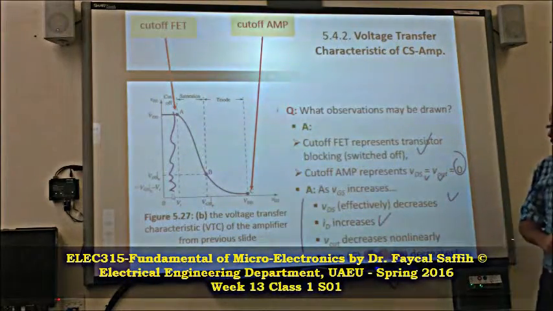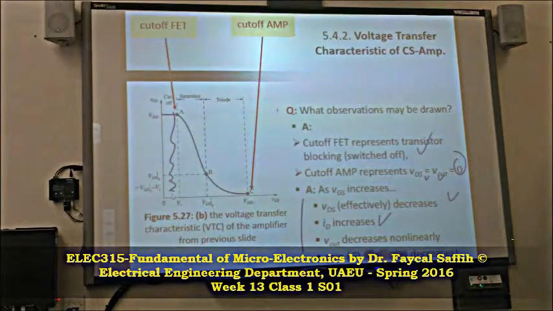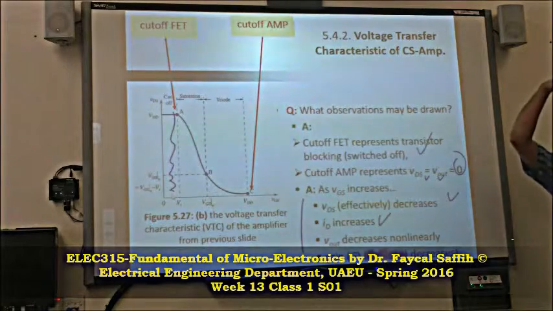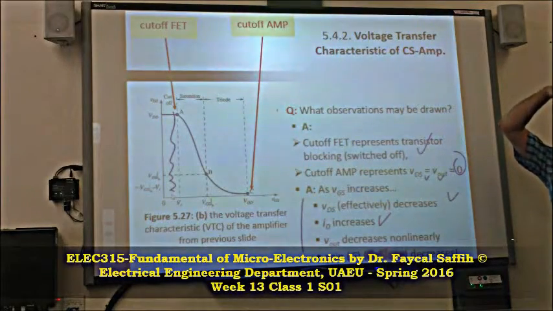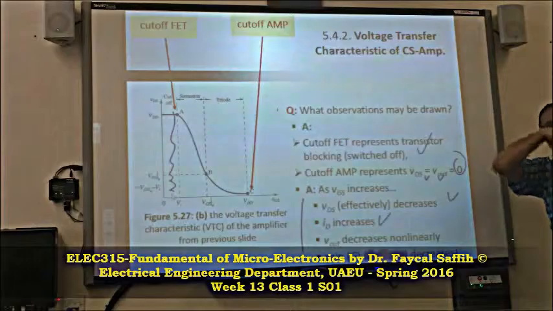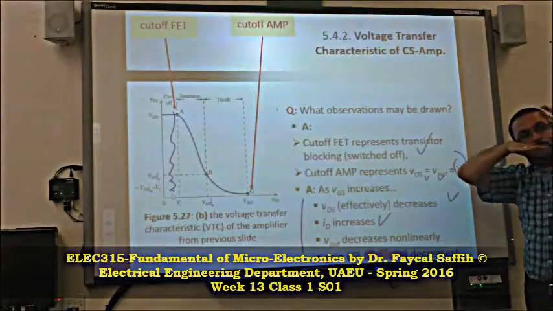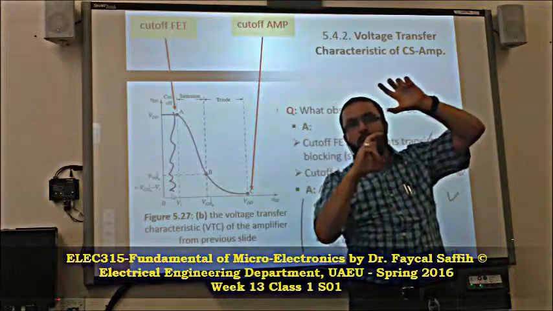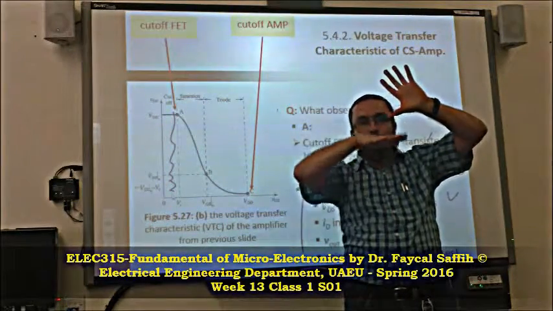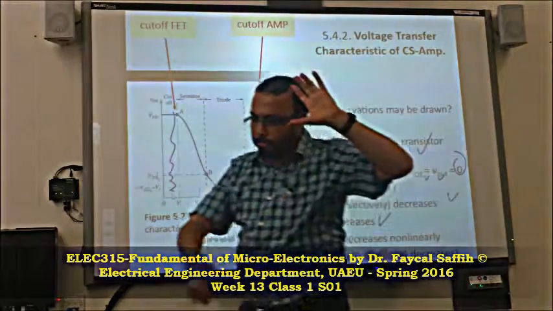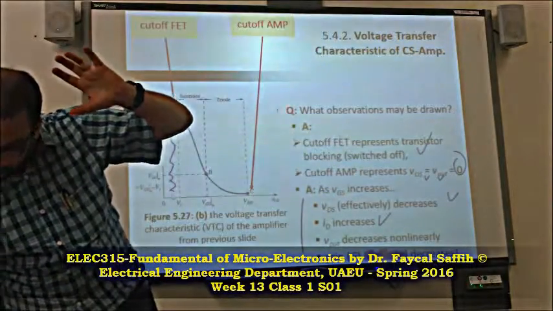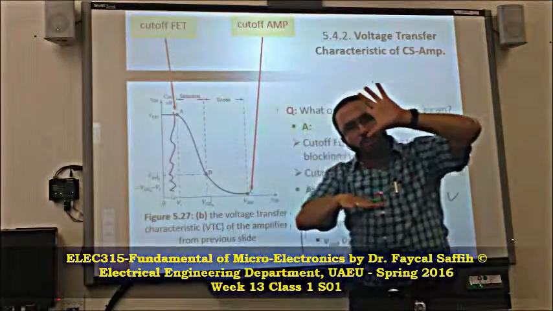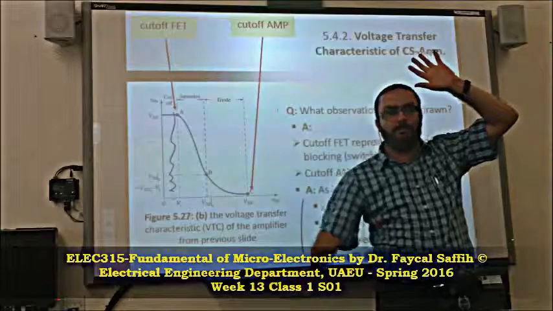As VGS increases, ID also increases, so as ID increases, it pushes VD down. Yes or no? Because the voltage drop will be across the resistor RD, not across the amplifier. So it will push VD down, down, down, until it reaches the ground.